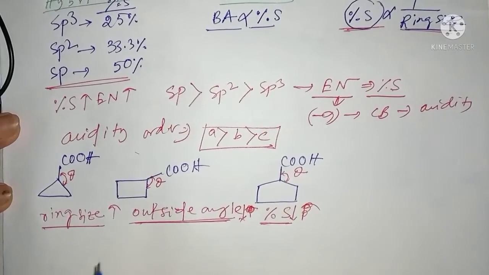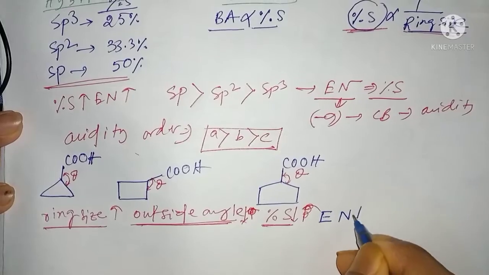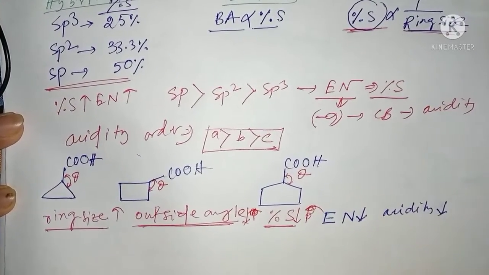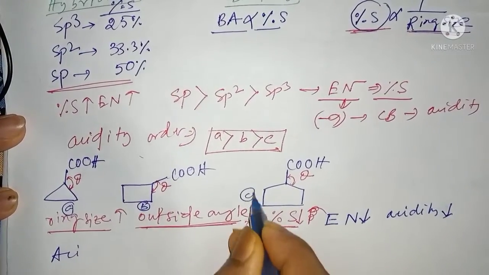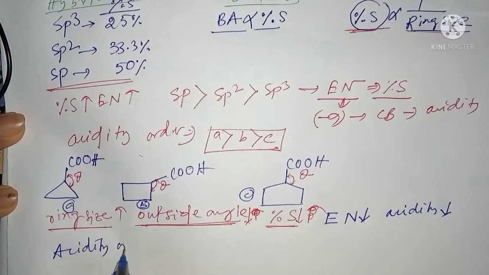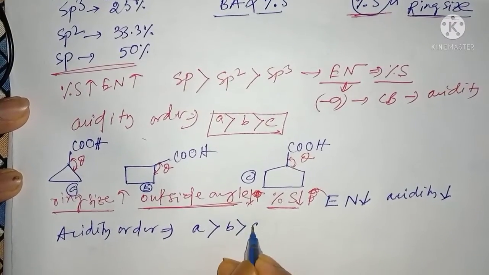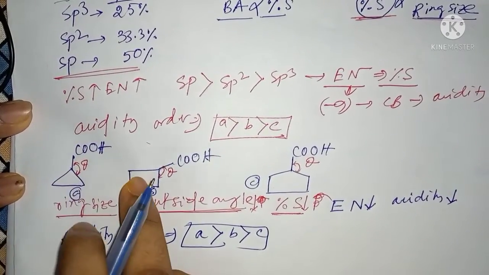Now percentage of s character decreases, so electronegativity decreases, so acidity decreases. So the acidity order is A greater than B greater than C. First check ring size: there is a 3-member ring, a 4-member ring, a 5-member ring.